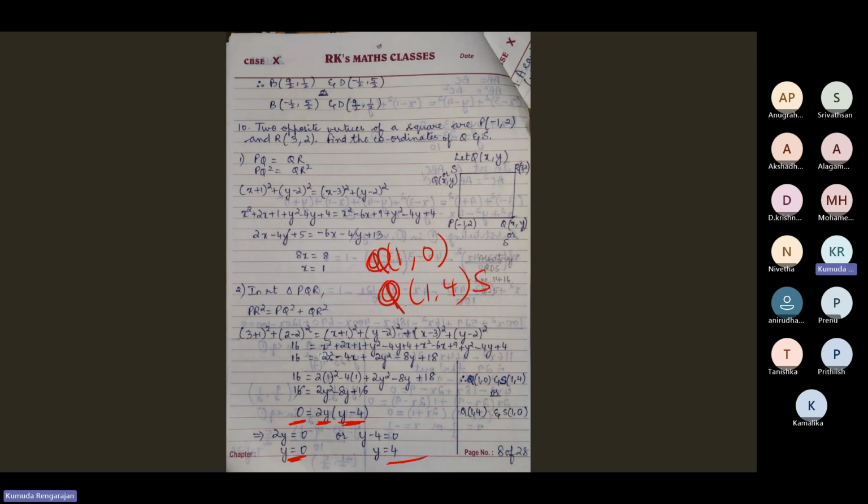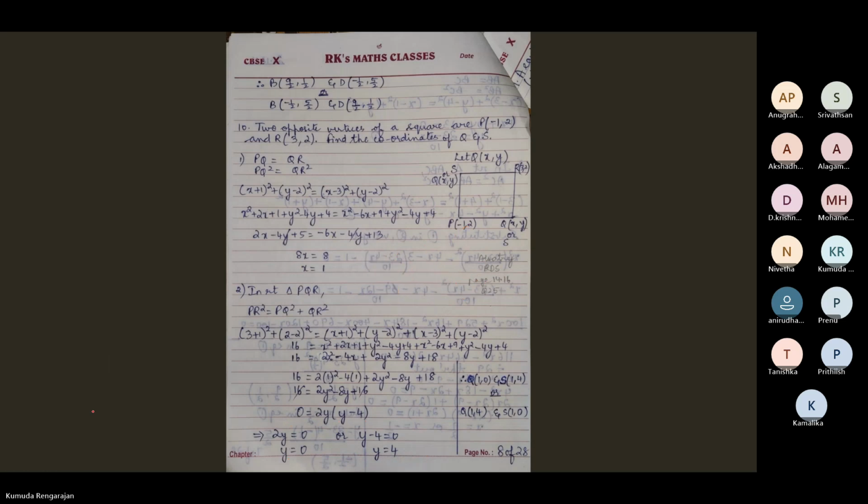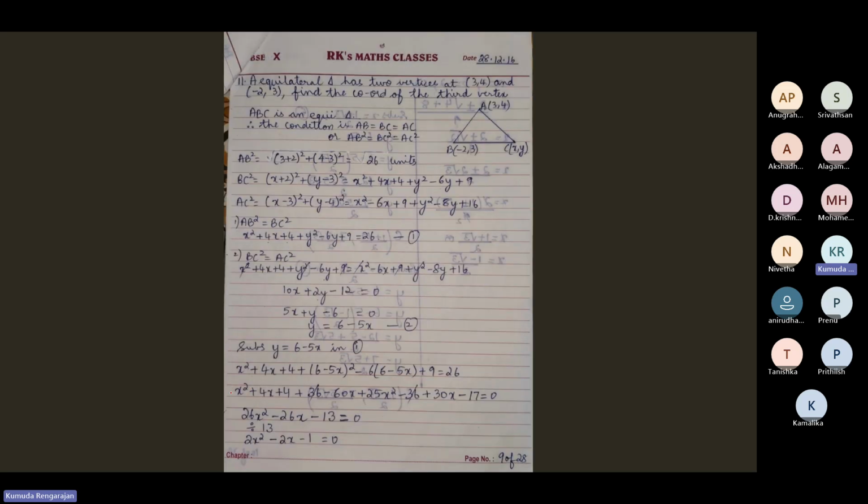Or if Q is 1, 4, then S is 1, 0. So like this, we find the coordinates of Q and S. Okay, next one.